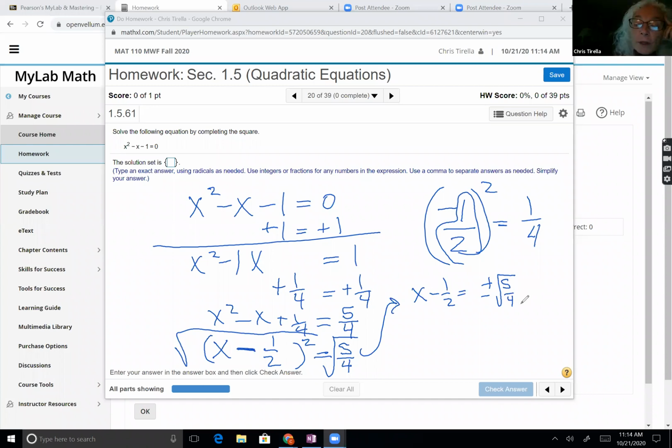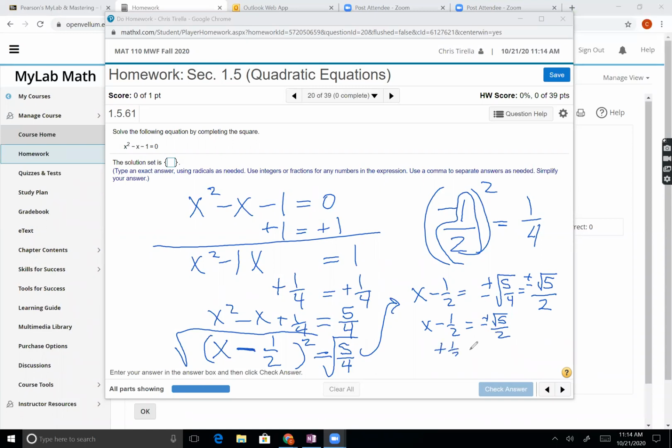And remember, when we take the square root of a fraction, we take the square root of the numerator, which is the square root of 5, over the square root of the denominator, and the square root of 4 is 2. So that gives me x minus 1/2 is equal to plus or minus the square root of 5 over 2. And when I add 1/2 to both sides, I get x equals 1.